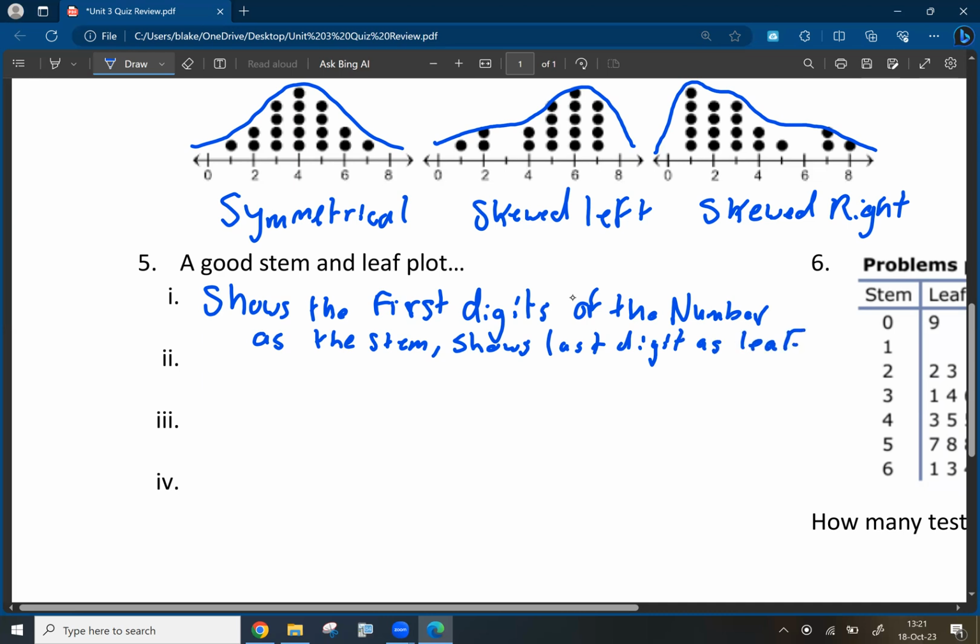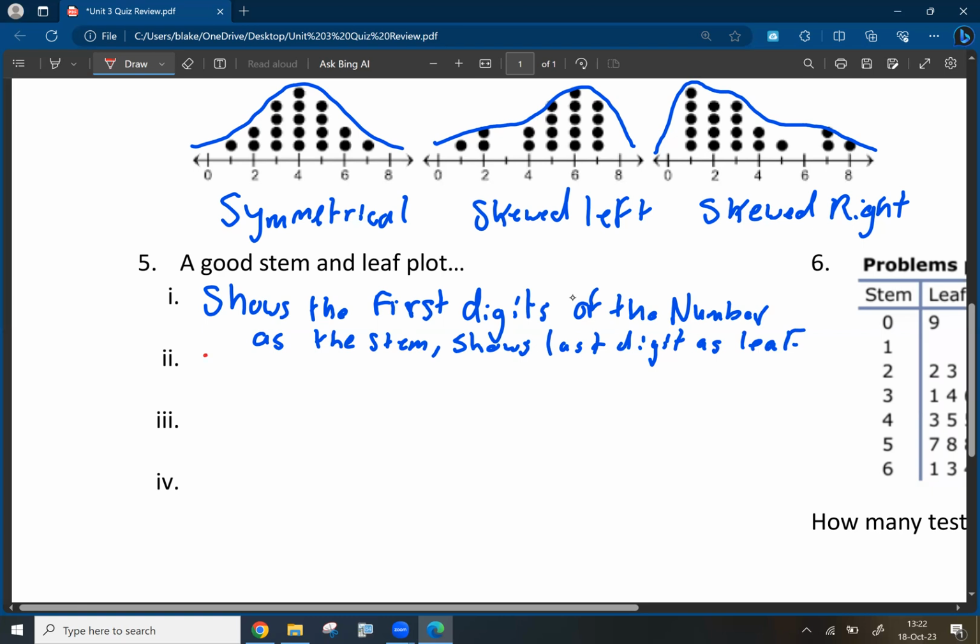Now, to keep my answers from running into each other, I'm going to switch to red for part 2 so that you can tell the difference between the lines. A second thing a good stem and leaf plot has is it usually uses whole numbers. Anything that has a decimal point is rounded to the nearest whole number. For example, test results, speeds, heights, and weights.